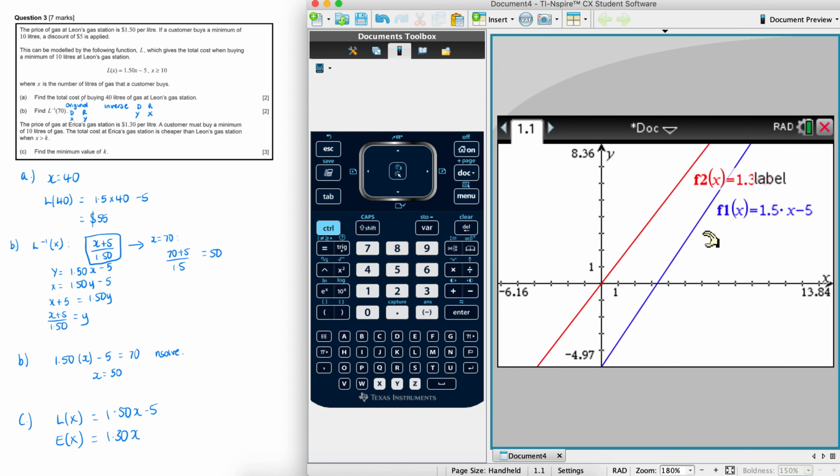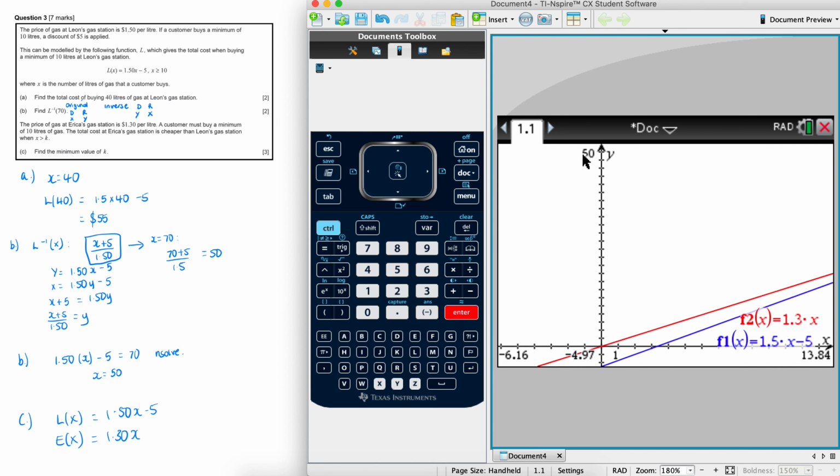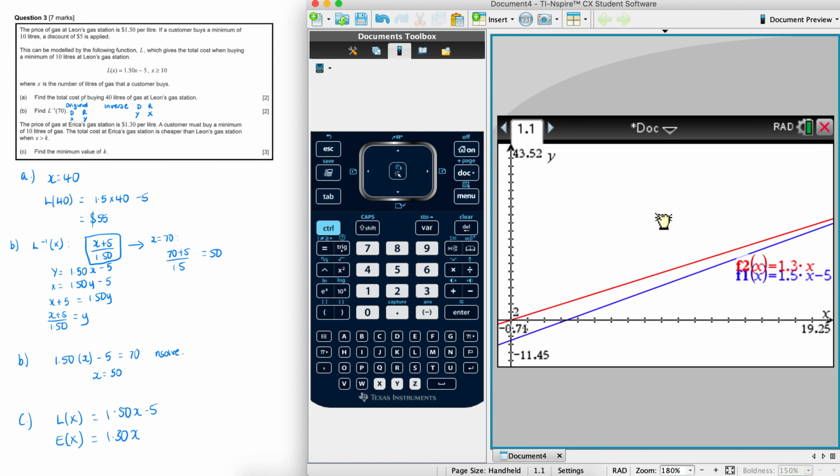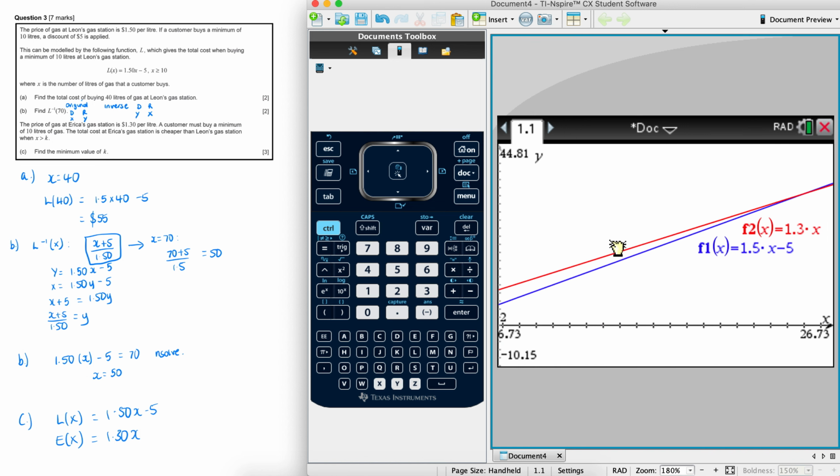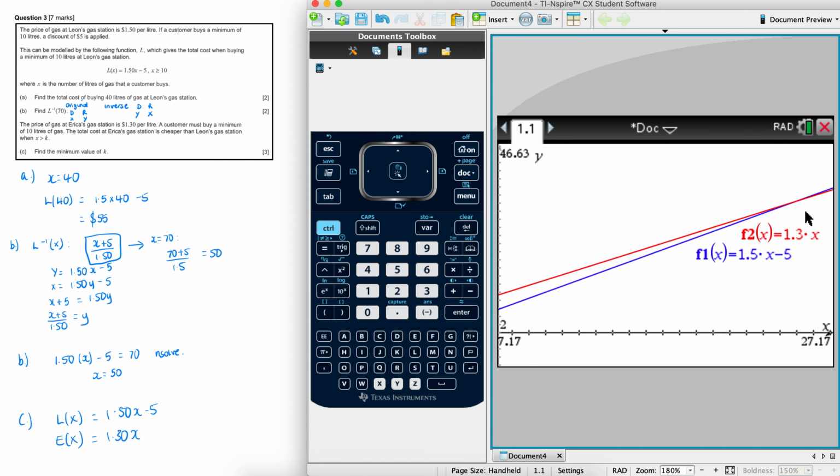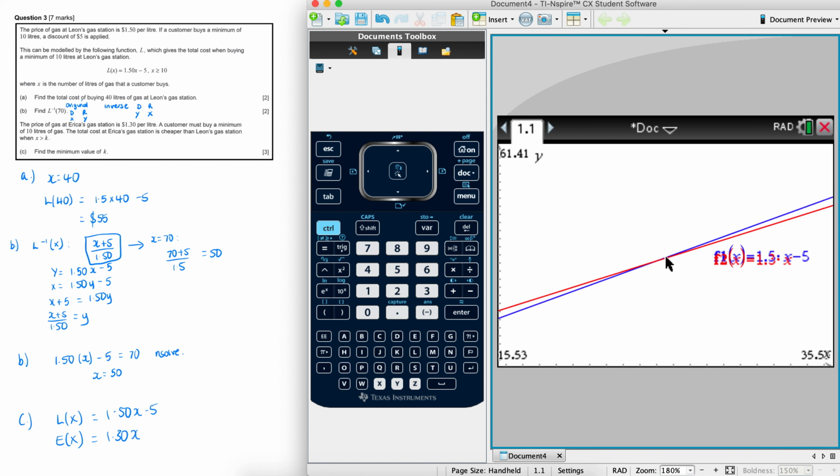We obviously need to change our scale, so let's go up to 50. There is a point here where Erica's, the red one, becomes less money than the blue one. So it starts off being more expensive, and then there's this point where it becomes cheaper.